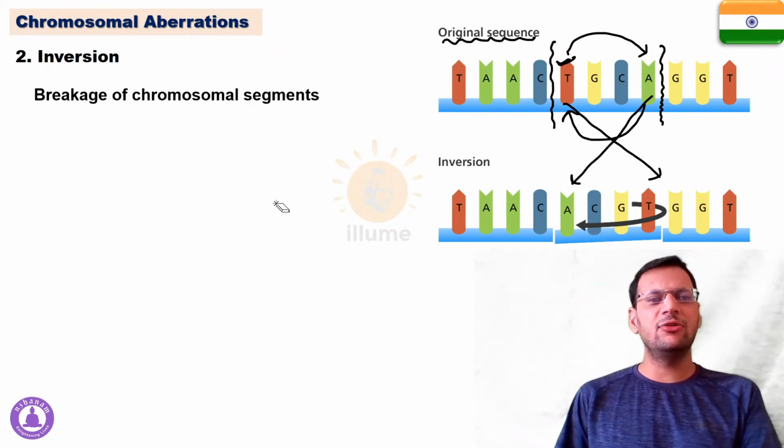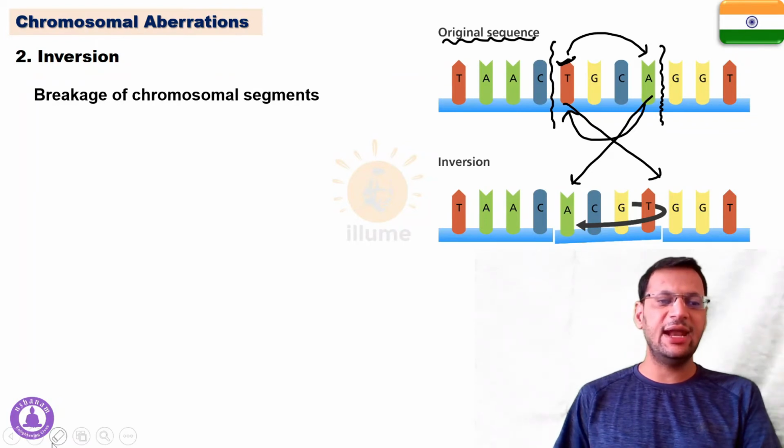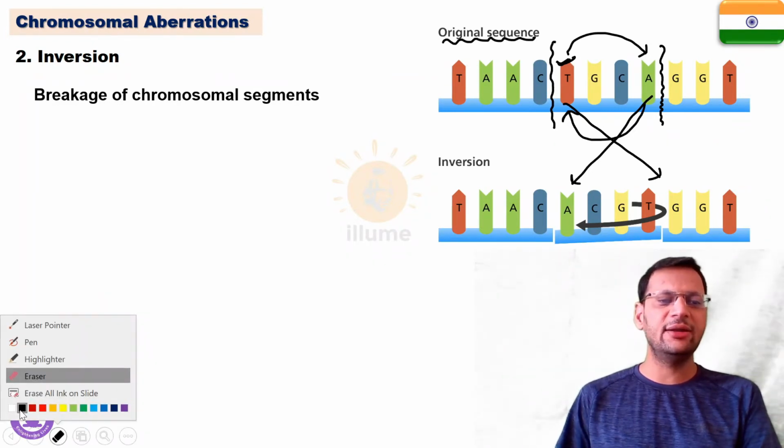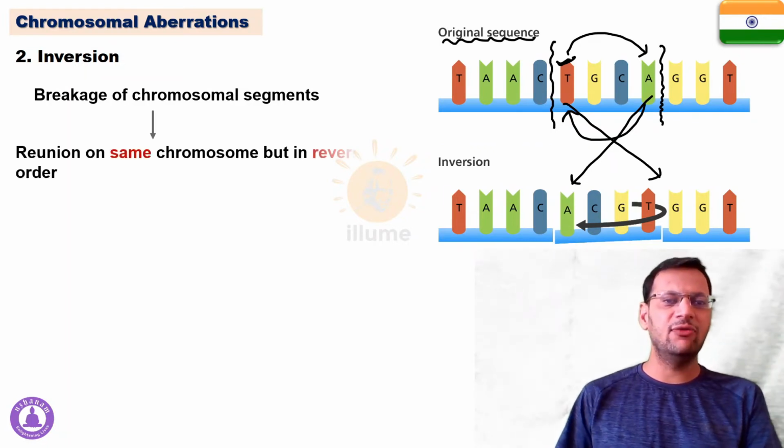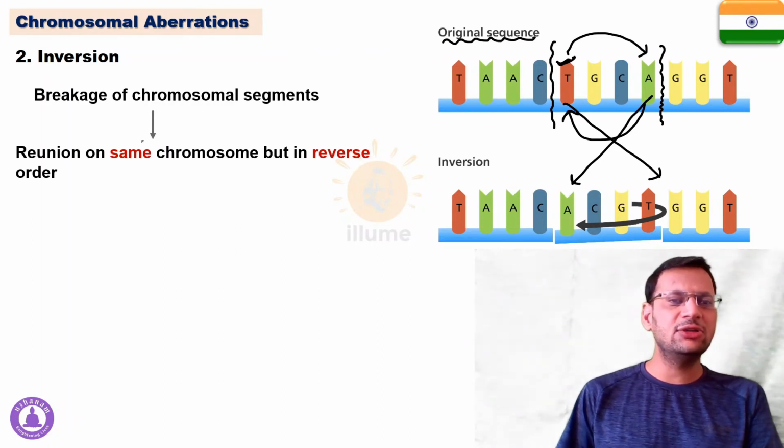So inversion involves breakage of chromosomal segments, and after breakage they are reunited in the same chromosome but in the reverse order. Now, why am I emphasizing this word same?